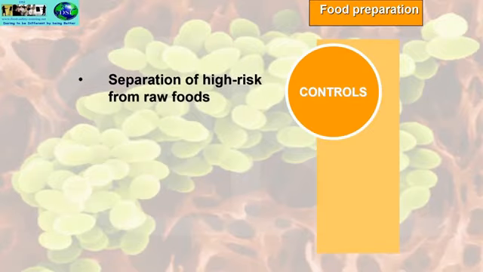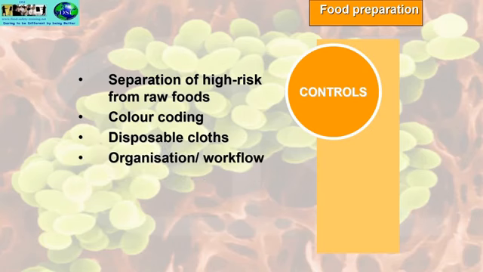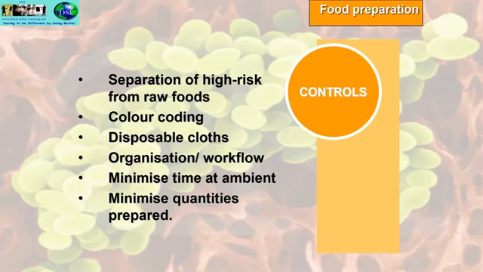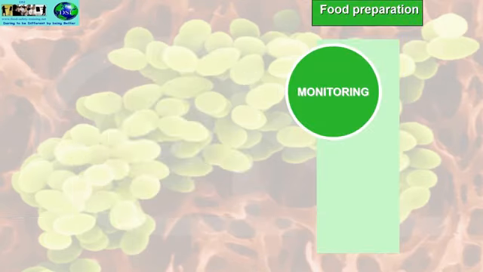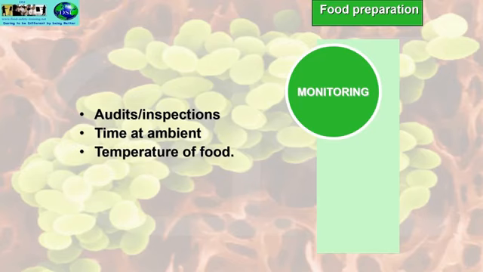So the controls: separation of high risk from raw foods, ensure colour coding, disposable cloths, organisation and workflow, minimise time at ambient temperature, minimise quantities prepared. And monitoring would include audits and inspections as usual, time at ambient temperature, and the temperature of food.